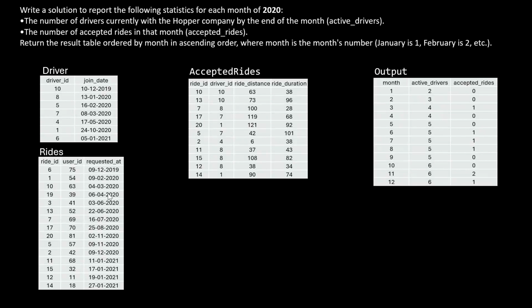That will give us the accepted rides for every month of 2020, and then we can join it with the active drivers output that we got, so that we have one consolidated output to return. That is the entire question, and that's what we need to do.